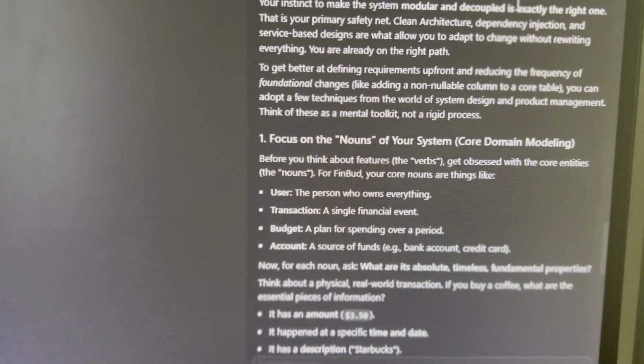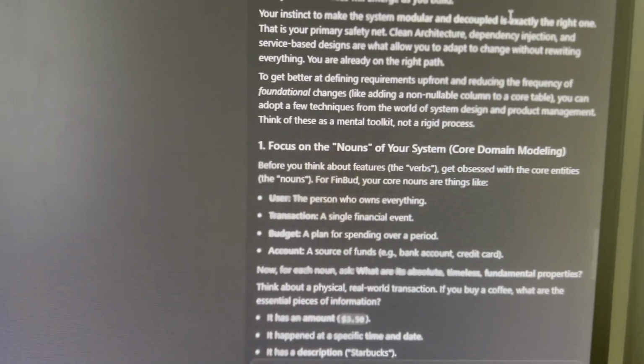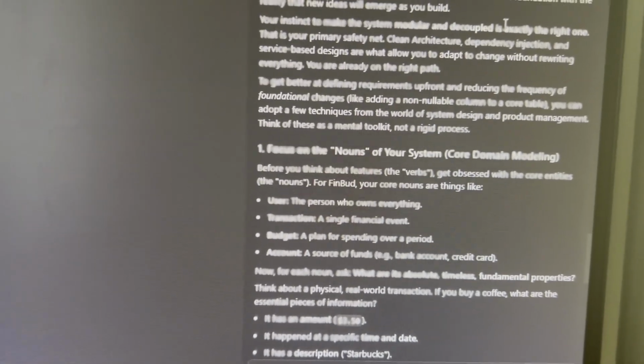What I wanted to tell you guys about is this focus on the nouns of your system, the core domain modeling. Before, when I was designing models and then features, I didn't necessarily go so in depth when defining them. And I guess this is why I'm at the point where I am right now with the application. But focusing on the nouns of your system is actually pretty good.